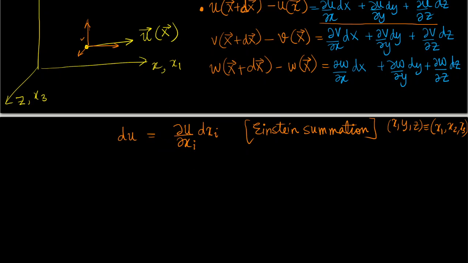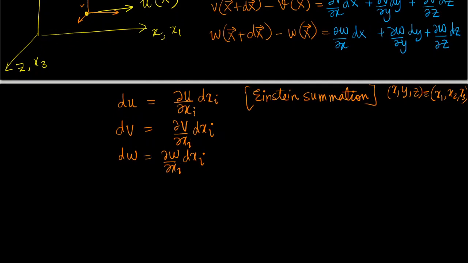Similarly, we can write down the same expression for dv as del v del xi dxi and dw as del w del xi dxi. Now once we have this, we can write this further in an even shorter form as dui is equal to del ui del xj dxj, where the repeated index is j and the dummy index is i.